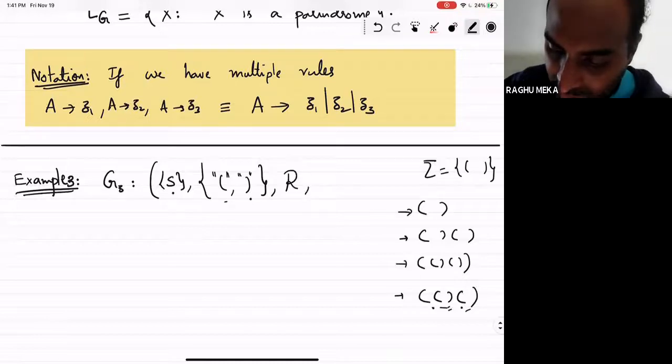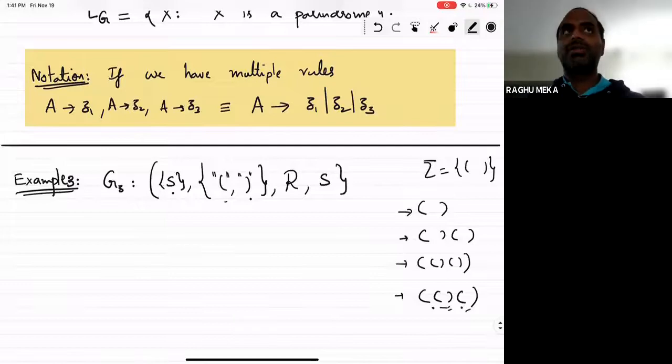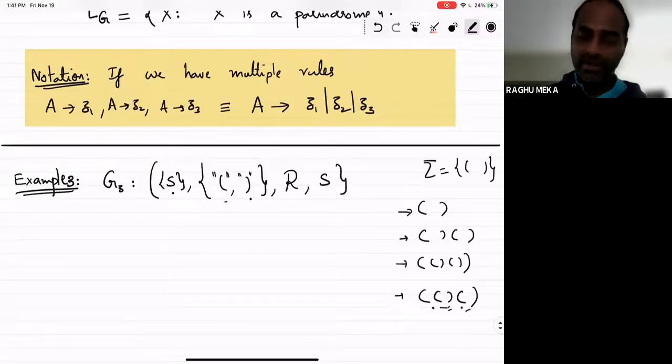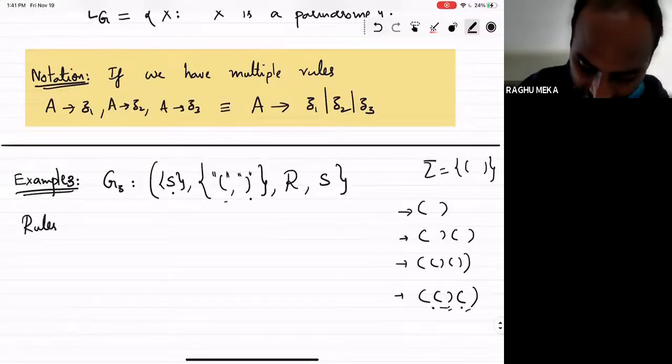What are the rules? There's only one variable, which is the start. Okay, so the rules are just the following.